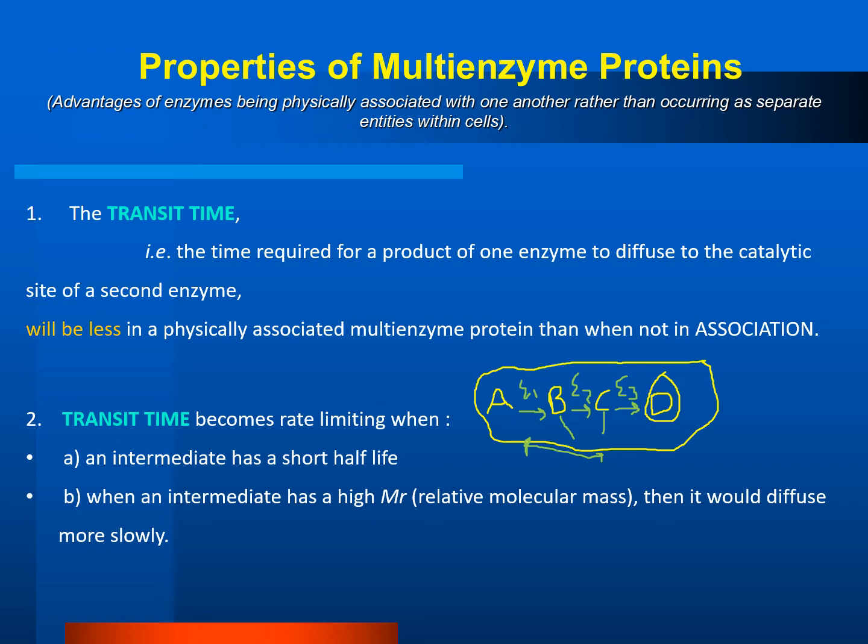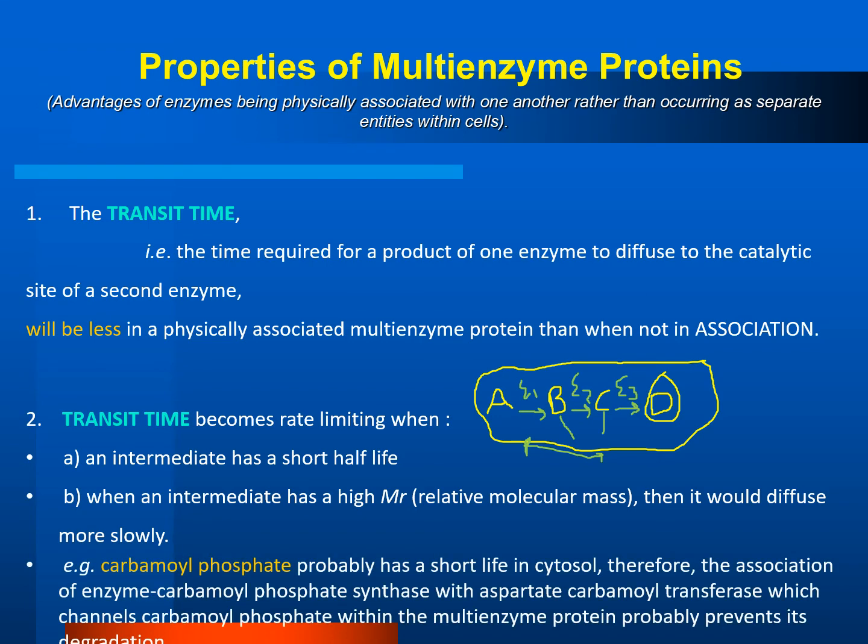The other case is when an intermediate has a high relative molecular mass, then also it would diffuse more slowly. For example, carbamoyl phosphate probably has a short half-life in cytosol.